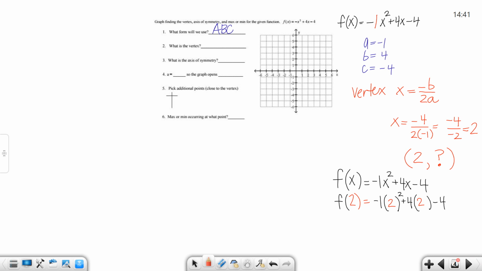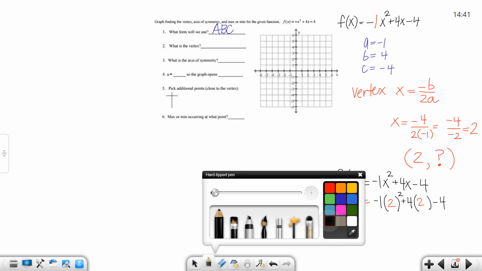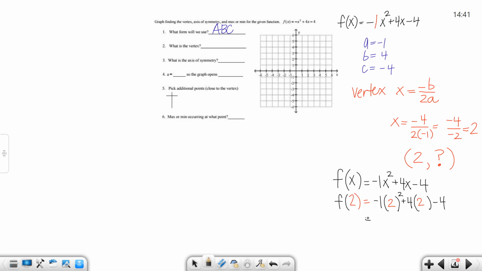Everywhere I see an x, I put a 2. So working my order of operations, it says I have to do exponents first. So I bring down my negative 1. 2 squared is 4. This would give me 8. And so I'd get negative 4 plus 8 minus 4, which would give me 0. So this vertex up here would be the point 2, 0.